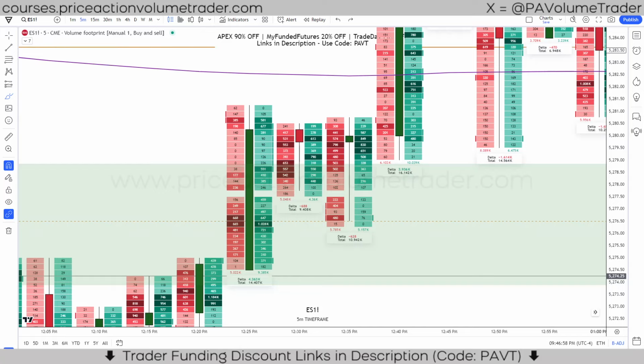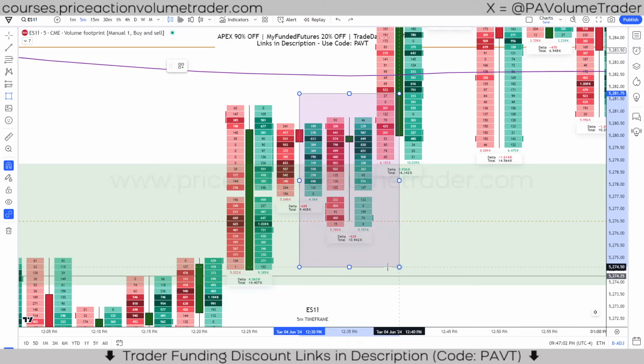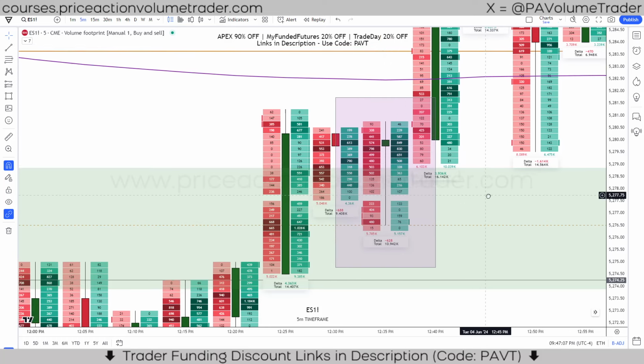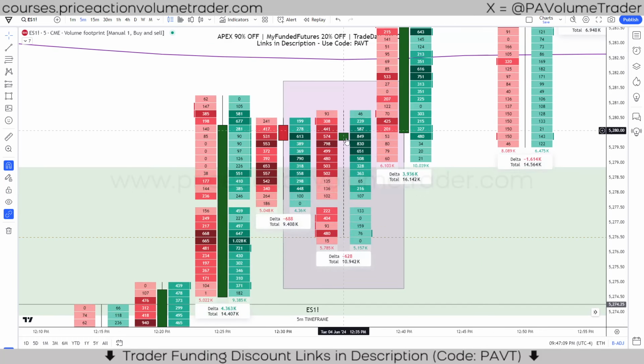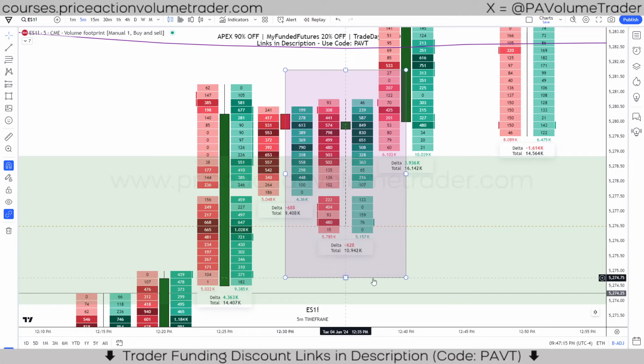And you can see that divergence, we got it right here on this candle. We have a green pin bar candle, very good rejection wick. We have a negative delta of 628, even though we had a pretty bullish looking 5-minute candle here.